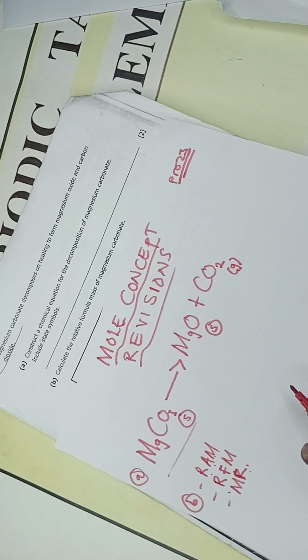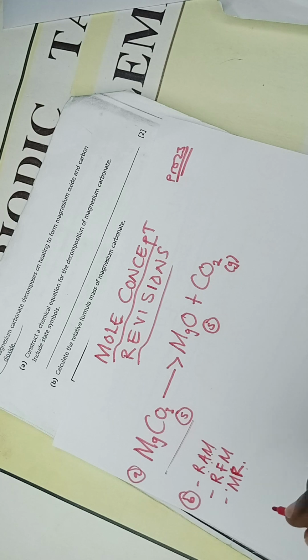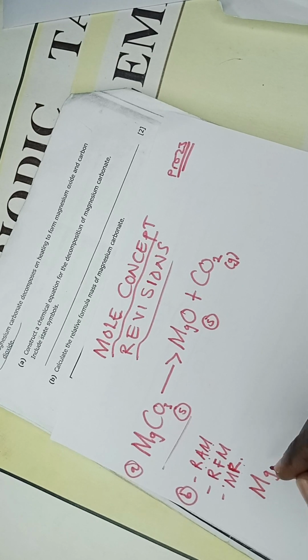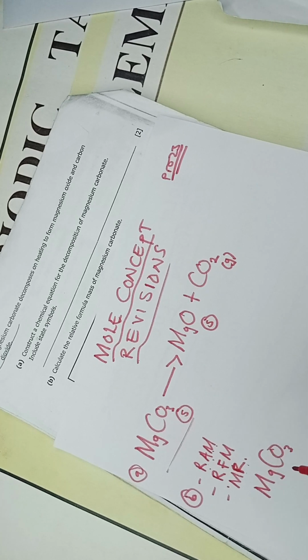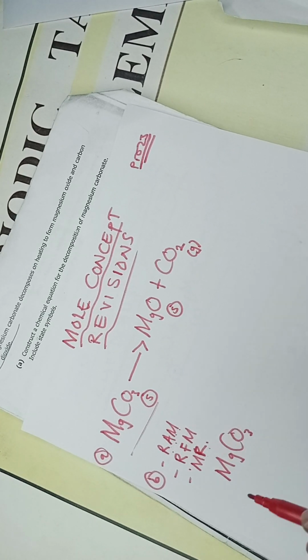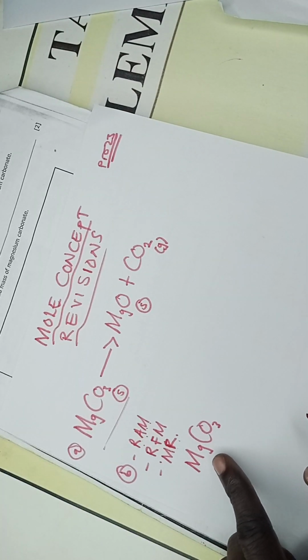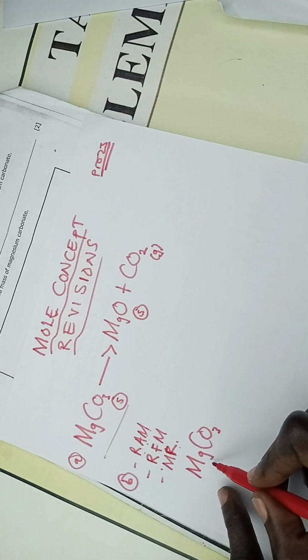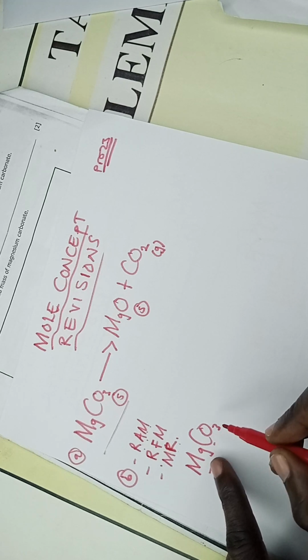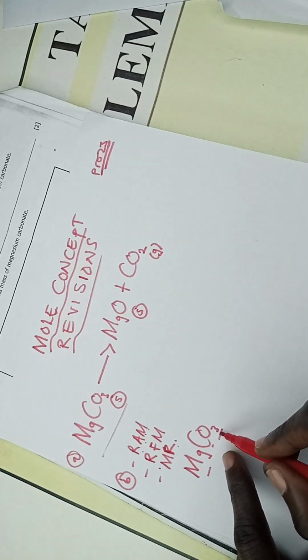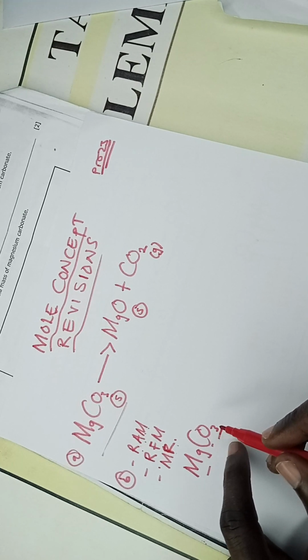First of all we are going to write the formula, MgCO3. Then how do we go about writing the formula mass? We check the elements that are there. We have magnesium, Mg, carbon and oxygen. Then we count the number of atoms present for each element in this compound.